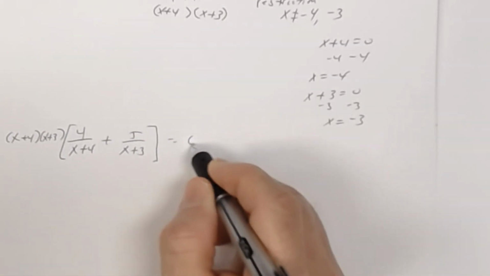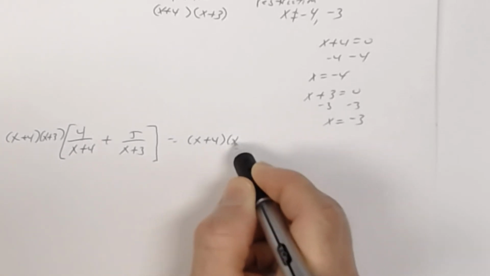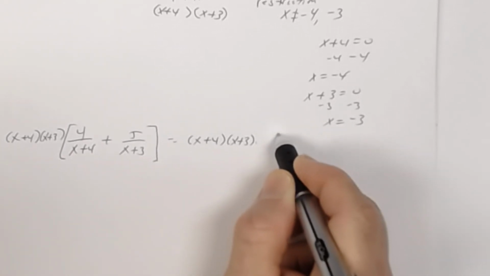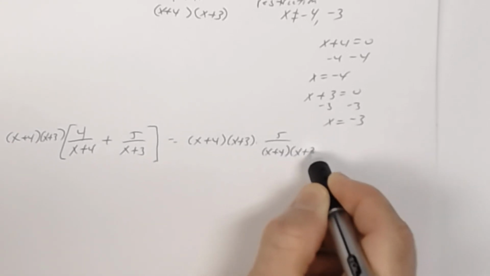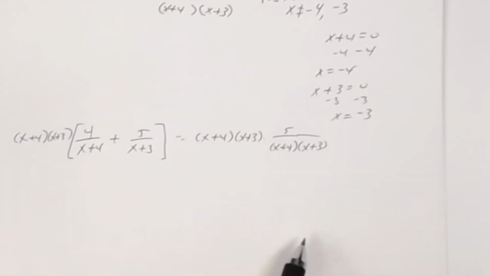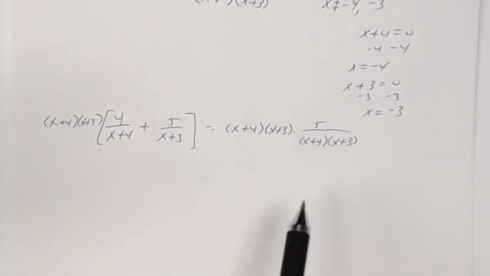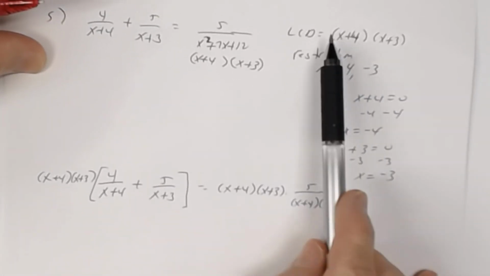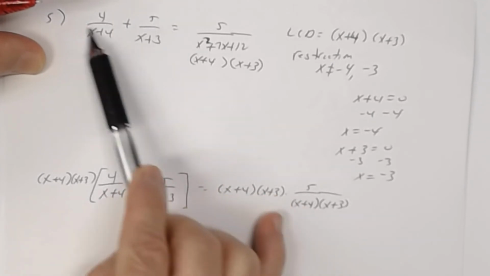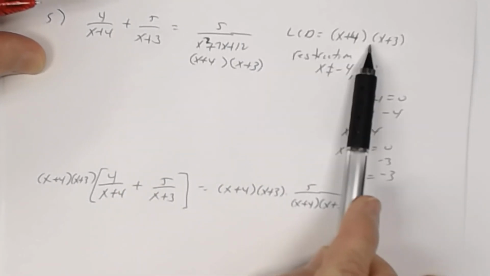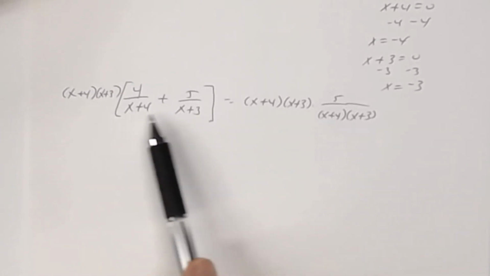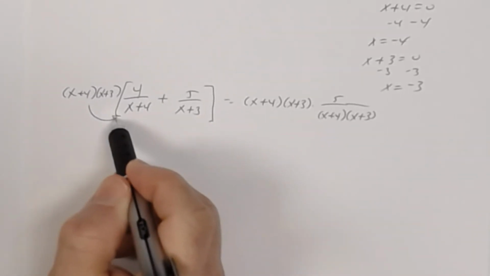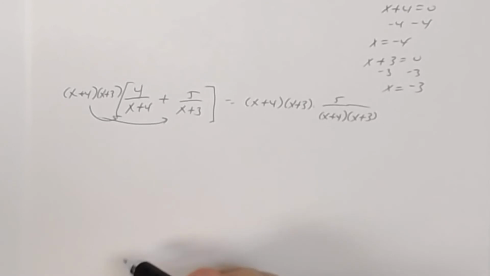Now remember, when you write this side, make sure you put the factored form. So you get x plus 4 times x plus 3 times 5 divided by x plus 4 times x plus 3. Okay? Now, remember the first thing you have to do is multiply both sides by the least common denominator, and I did. Now notice I have parentheses or brackets here, so you have to distribute to get rid of those parentheses or brackets, whichever one you used.